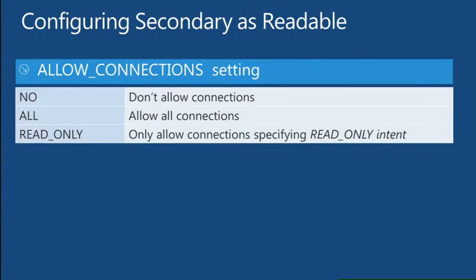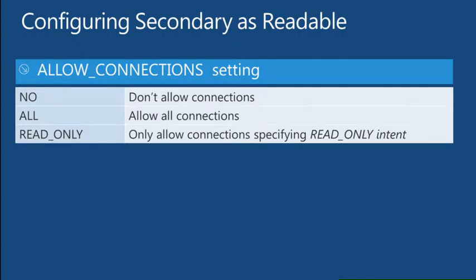But by adding a connection string keyword, called application intent, you can say my application is a read application, and then we'll always route you to a readable secondary. But you don't have to know the names of the SQL servers. We'll see that in the demo in a couple of minutes.